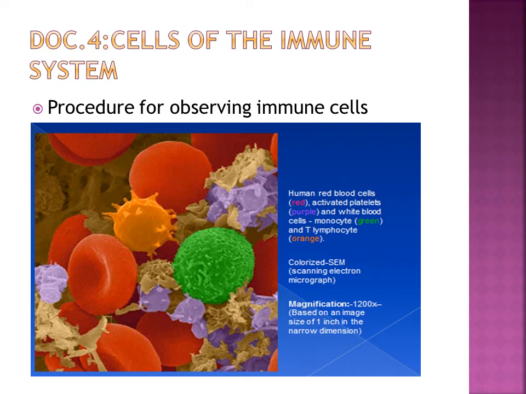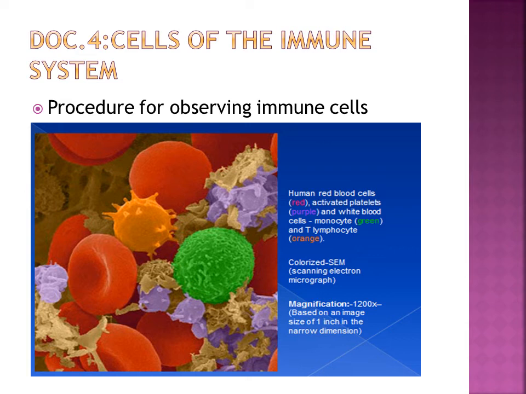Add a few drops of 95 degree alcohol to fix the smear. Wait for 2-3 minutes, then add a few drops of the stain used for coloration. Wait for 7 to 8 minutes, then rinse with water, that is, immerse the slide in the water.